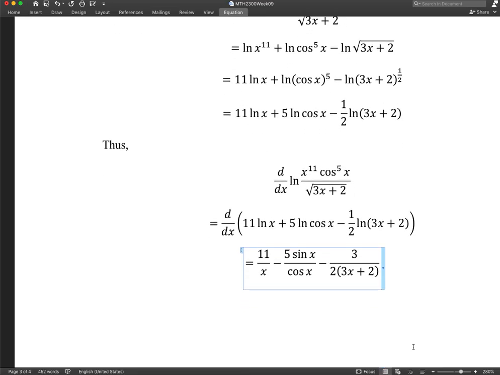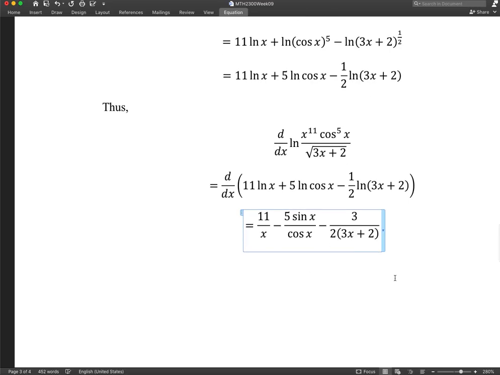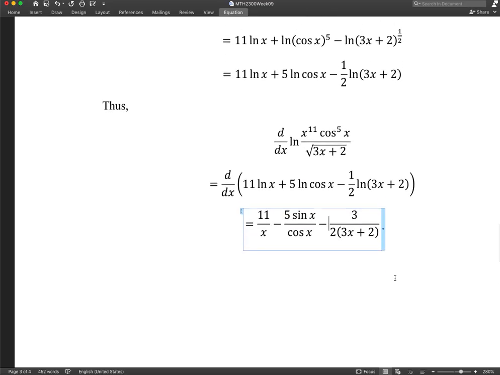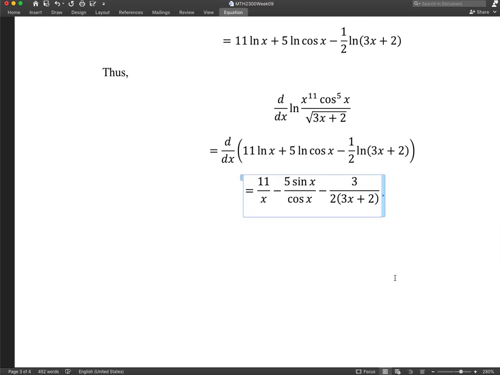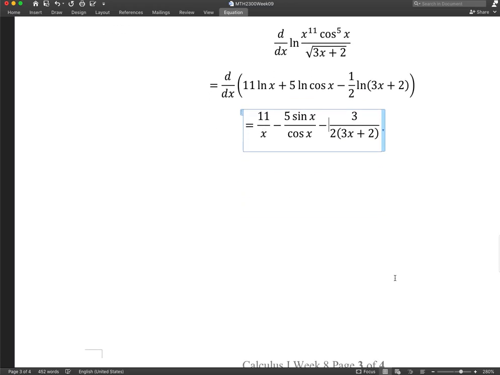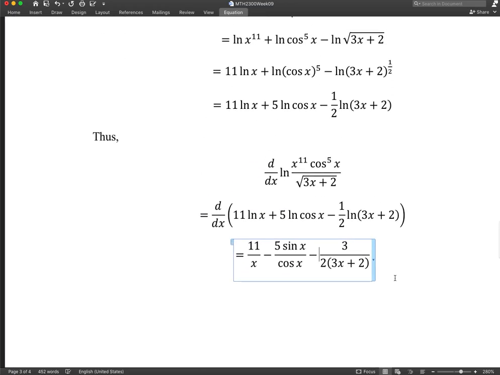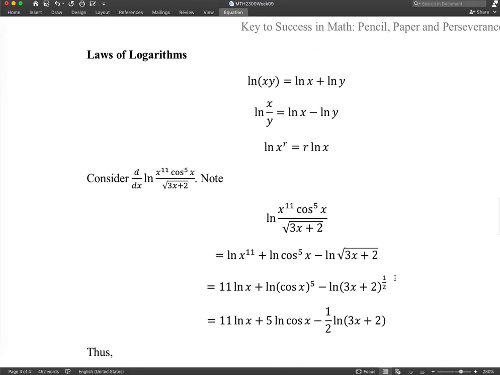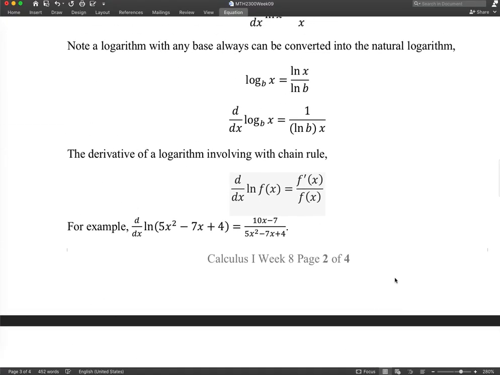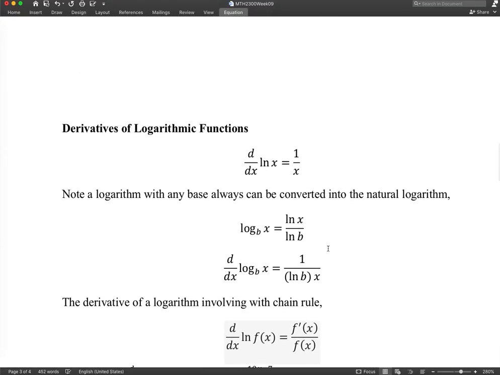Actually, I made some small corrections, and if you still see something wrong, please do let me know. So this part of the discussion is for the derivatives of logarithms. The derivative of a single ln x is very simple.